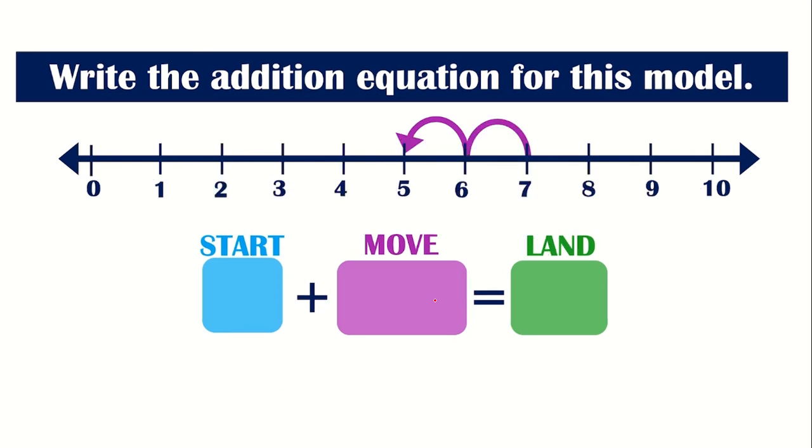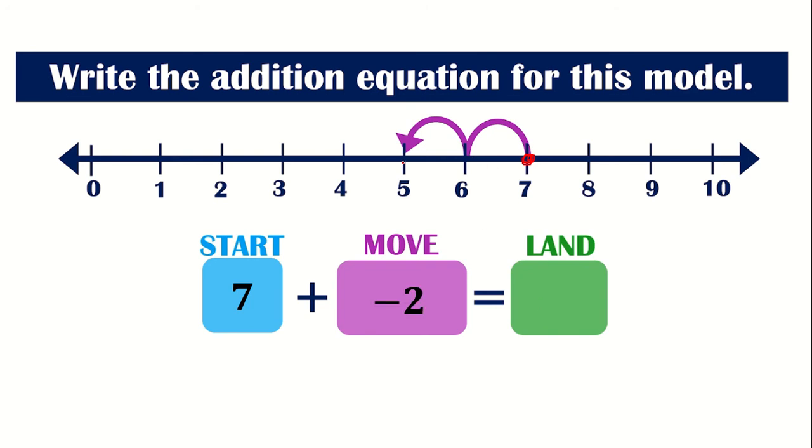Let us have a last example. We have here another equation. So we need to model this one. So we started at 7 and then we moved 2 times going to the left. So negative 2.